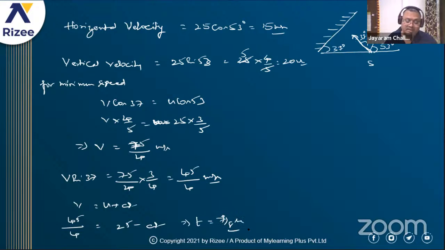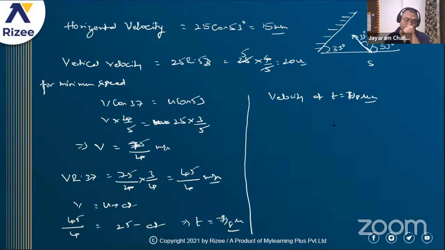So they are colliding. In that sense, velocity v is equal to the velocity at t is equal to 7 by 8 seconds. That is the most important thing.